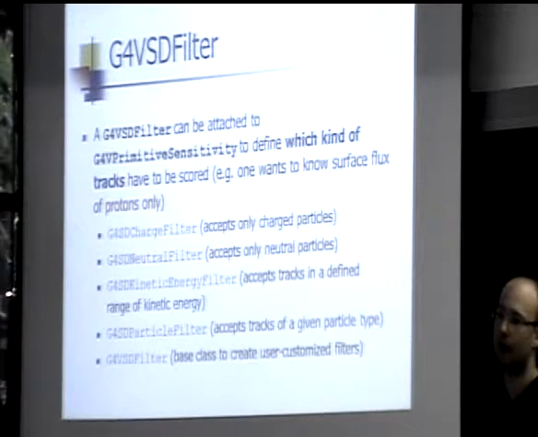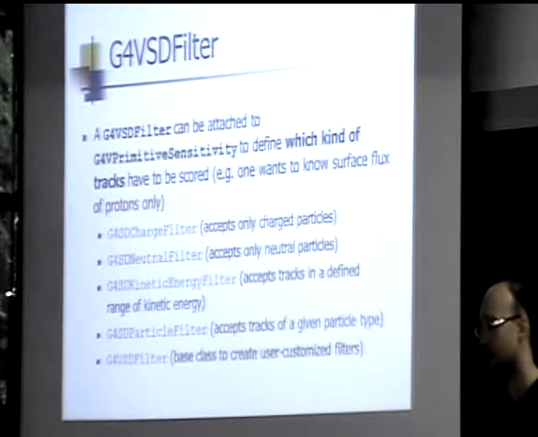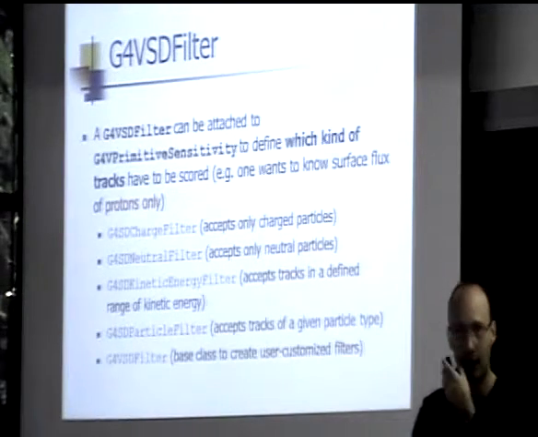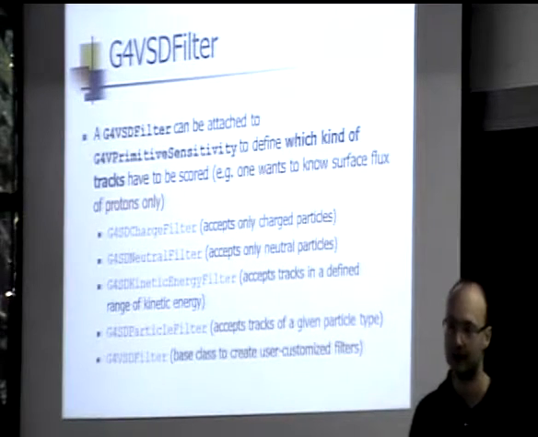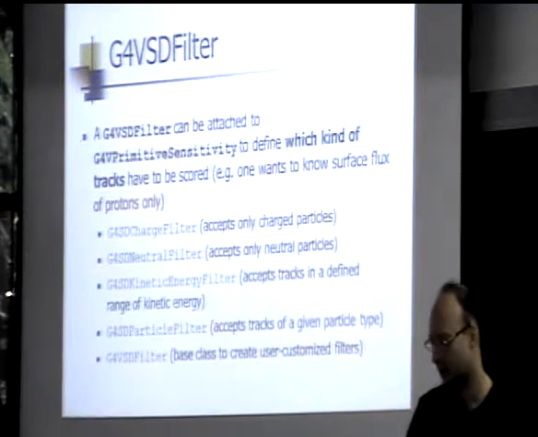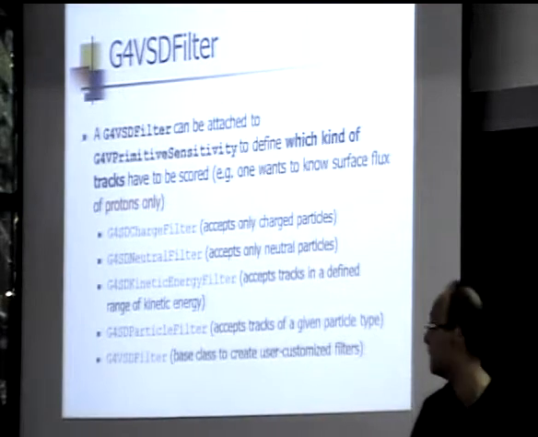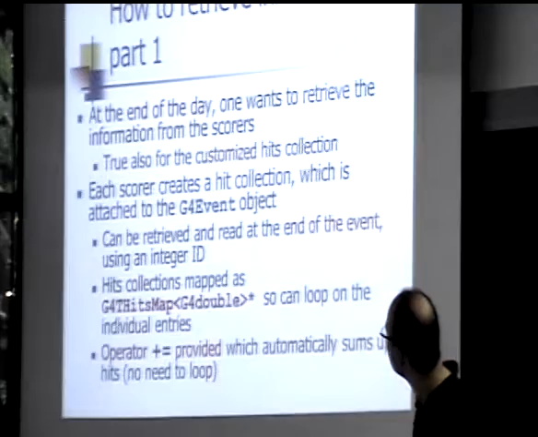So you can customize those scorers a little bit by adding filters. This is the typical case. You really want to know the number of gammas entering your detector, and you don't care about electrons or whichever. This can still be done using the GEANT4 scorer by using the filter.